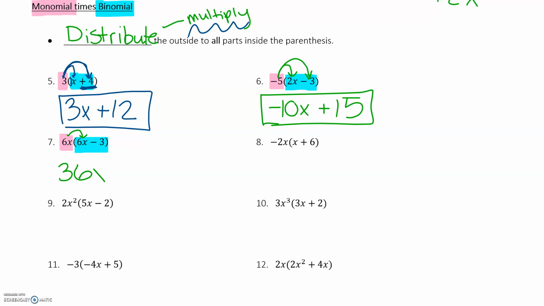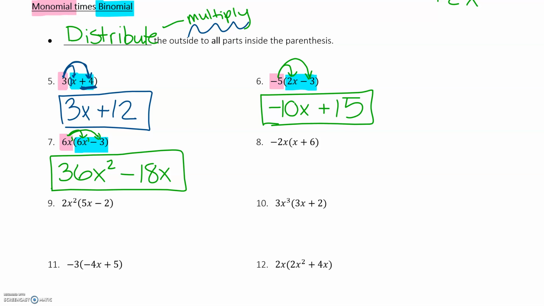X times x, remember, this is an x to the first power and an x to the first power, so that means we have 2 of them. Then we're going to distribute the 6x to a negative 3. So 6 times negative 3 is a negative. The 6 times the 3 is 18. And we don't want to forget about the x that we have to distribute as well. So we get 36x squared minus 18x.